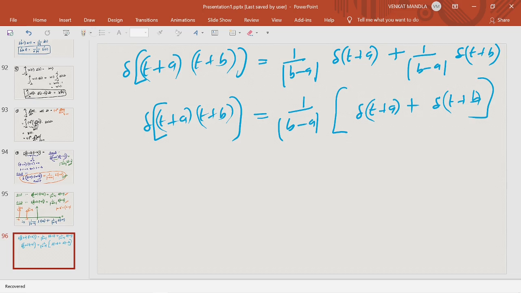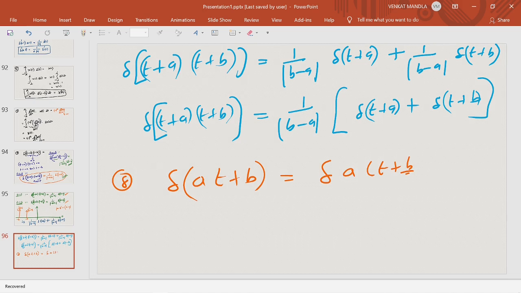And one more property I haven't discussed, we'll write here itself. So the eighth one, del of some at plus b equals, you can make a common, t plus b by a. So del of a into some function t plus b, you can write this as 1 by mod a del of t plus b by a. Okay. That's it.